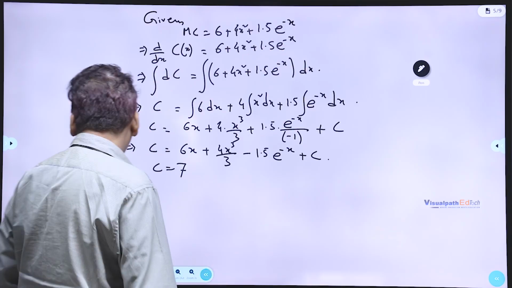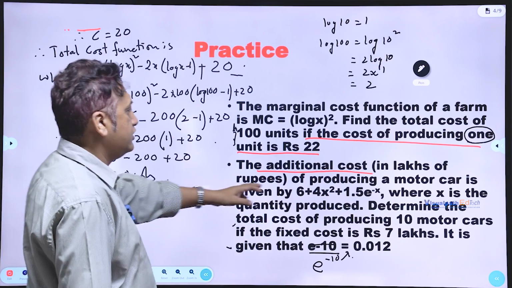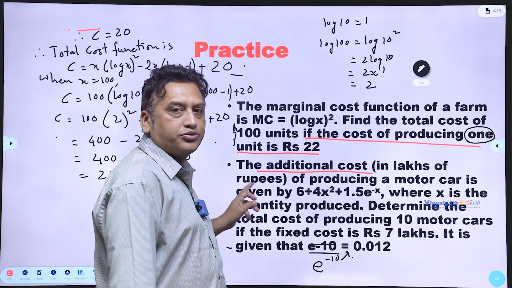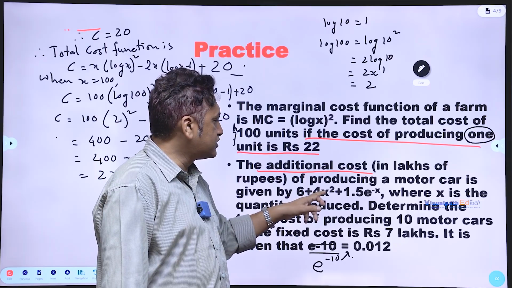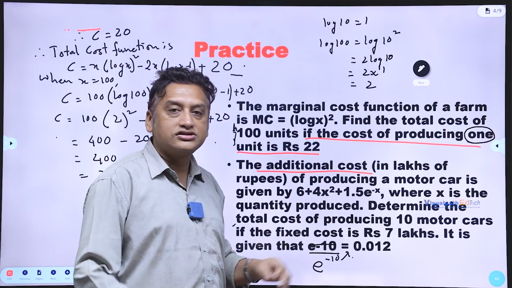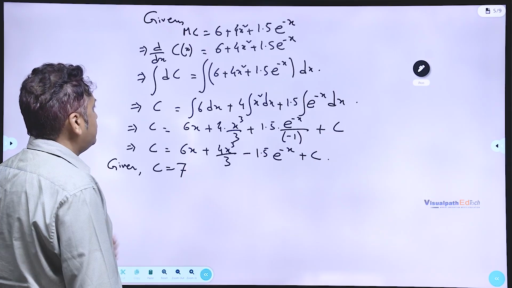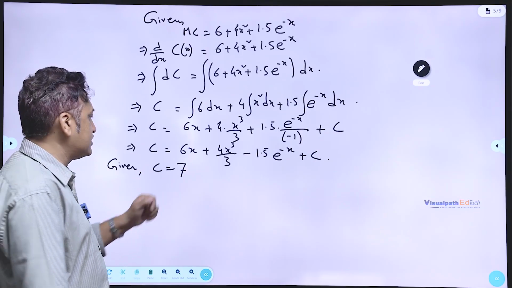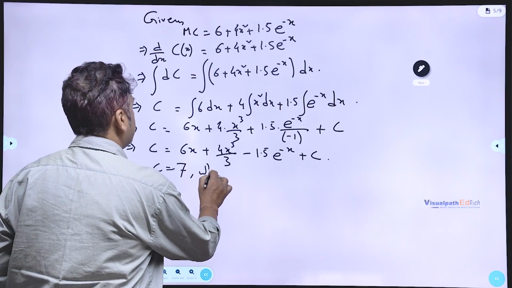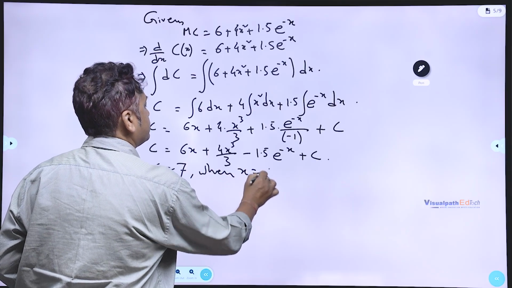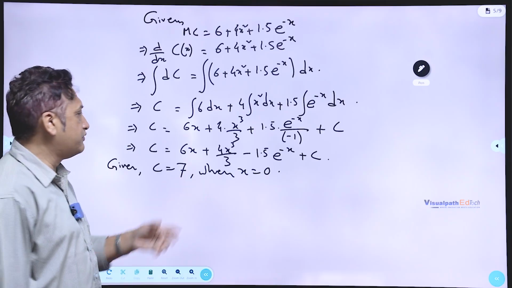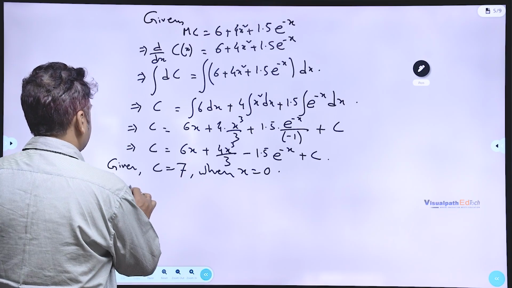All these expressions are given in lakhs of rupees. So all this 6 plus 4x square plus 1.5 e to the power minus x is given in terms of lakhs. So in case of 7 lakhs, we will only substitute 7. C is 7 when x is equal to 0. So let's put the value. So we will get 7.